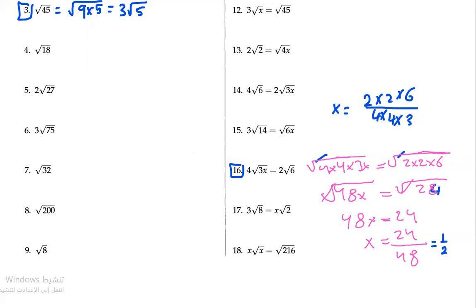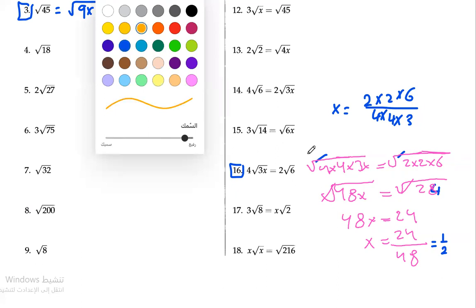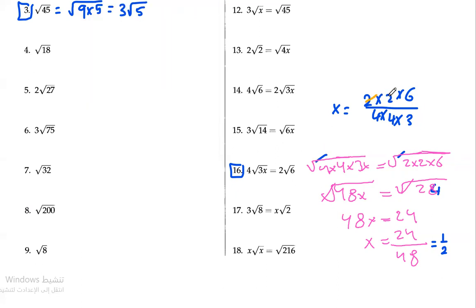Here you can simplify now like this. Now 2 times 2 equals 4, with 4 it is gone. 6 divided by 3 is 2, and here it will be 1. And divided by 2 is 1, and divided by 2 is 2. So the answer is 1/2, right?